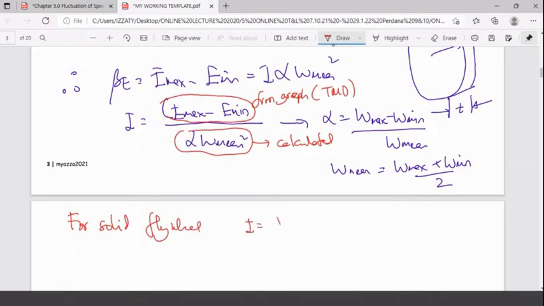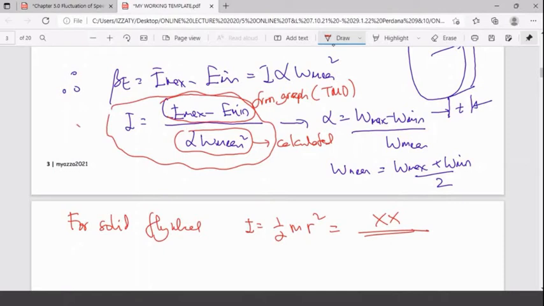I is equal to half m r square, is equal to what you have earlier, E max minus E min over alpha omega min square, isn't it? This one is x. Put it here, kilogram meter square.